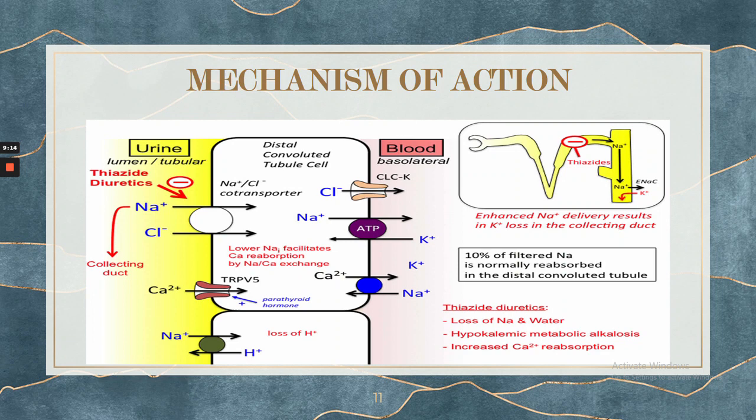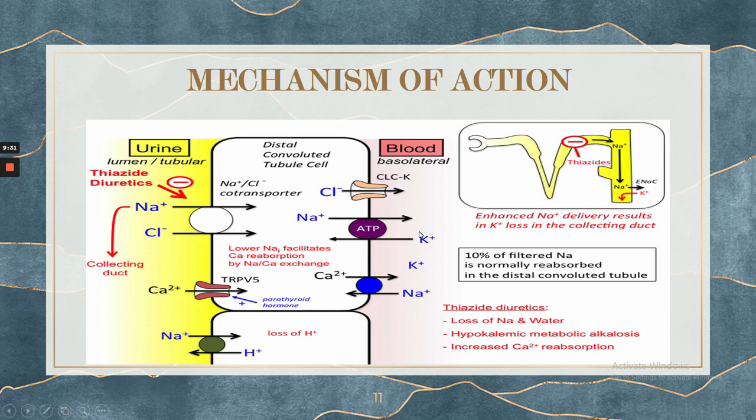This increased calcium reabsorption is helpful in osteoporotic patients because there is calcium loss from our body. So this was the whole and soul mechanism of thiazide diuretics, that is hydrochlorothiazide. I hope you guys understood this one.